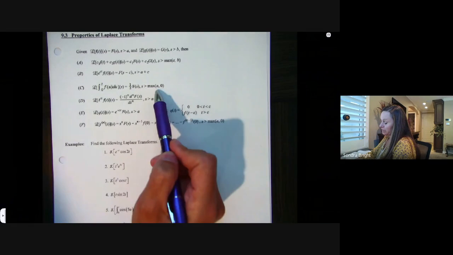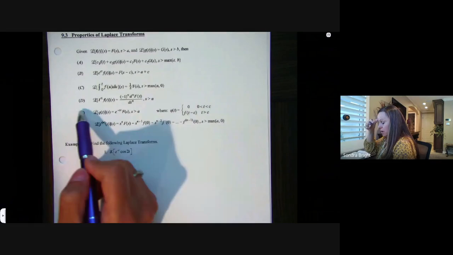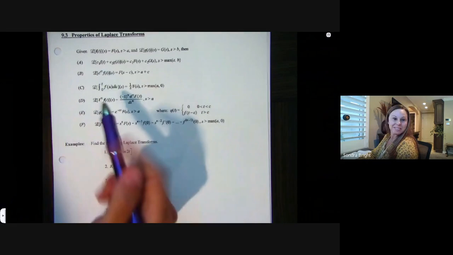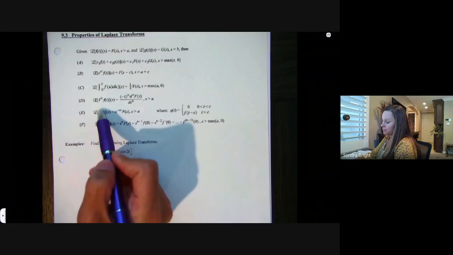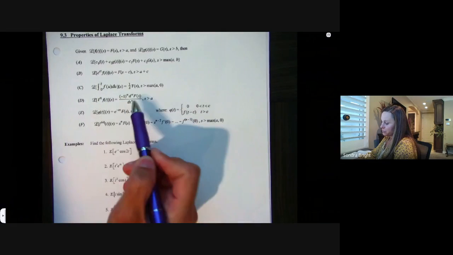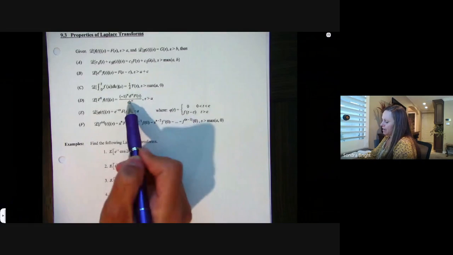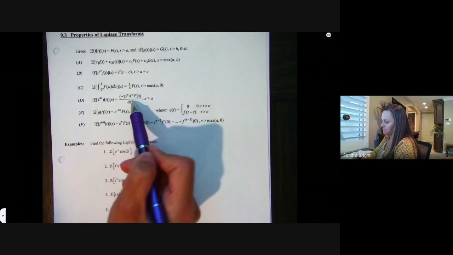The Laplace transform of t to the n times some function of t will end up being -1 to the n times the nth derivative of big F with respect to s, and that's for s greater than a.